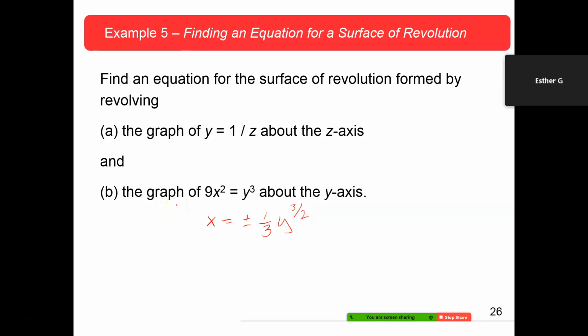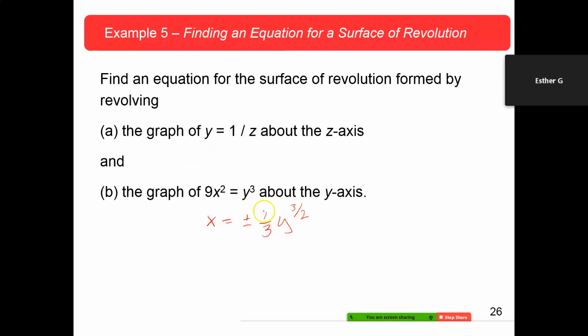See if that works. If you square both sides, that gives you x squared is equal to 1/9 of y cubed, and multiply both sides by 9. Yeah, I think that works. Now that's your function. That's the radius function right there.